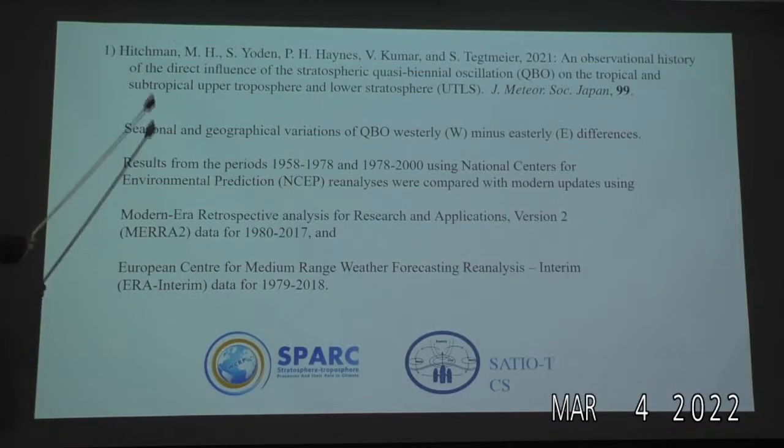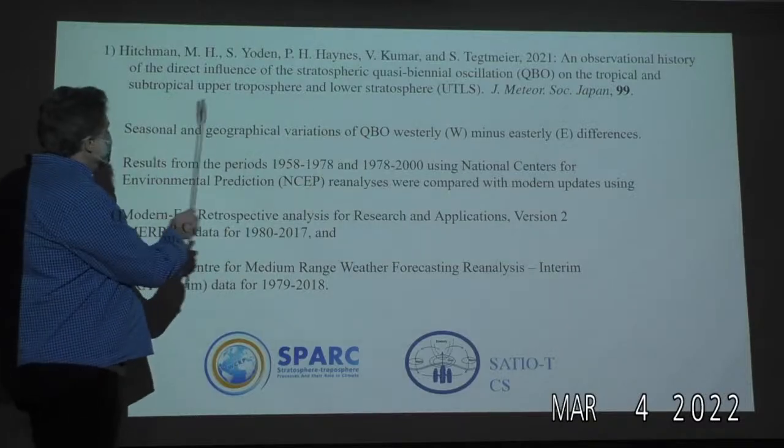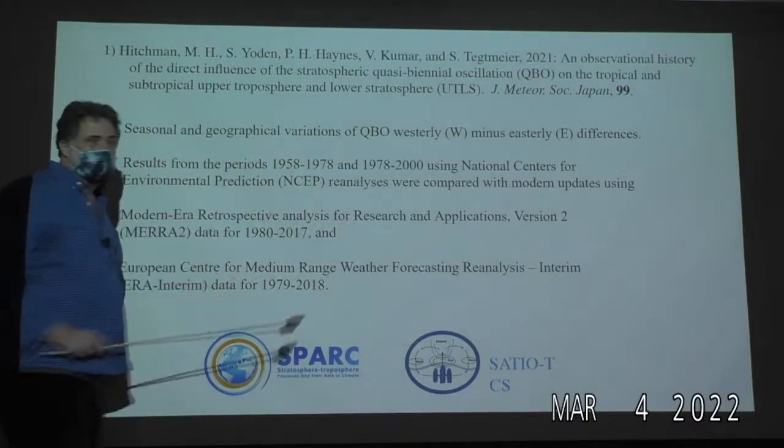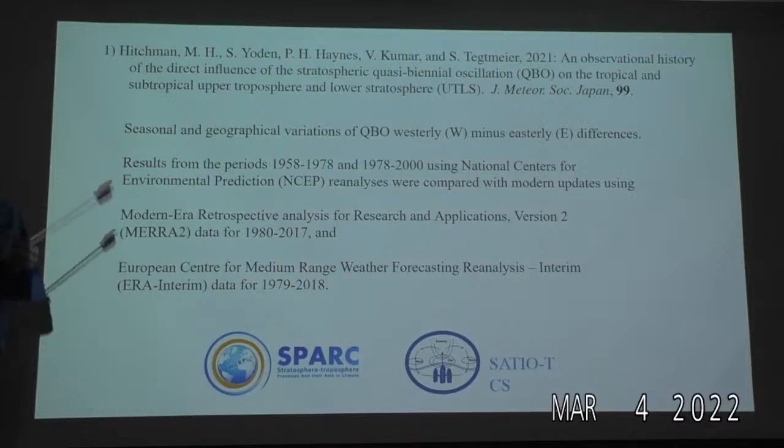Okay, so here's the paper. It's an invited review talk in JMSJ, and it's about an observational history of the direct influence of the QBO on, this is a long list, the tropical and subtropical upper troposphere and lower stratosphere. Why all that? It's because what we found is that the mean meridional circulation associated with the QBO is a latitudinal vertical integrator, extends all the way into the mid-latitudes.